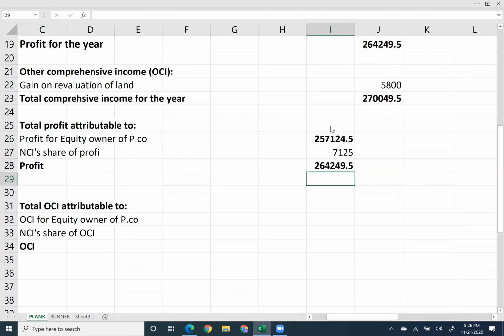Now let's do the same thing for total comprehensive income. What's the total comprehensive income for the whole group? It's 270049.5. And what's the NCI share of total comprehensive income? We have already calculated it.